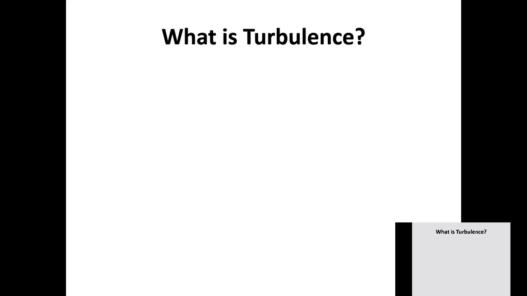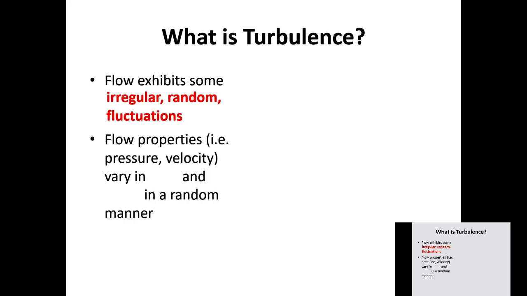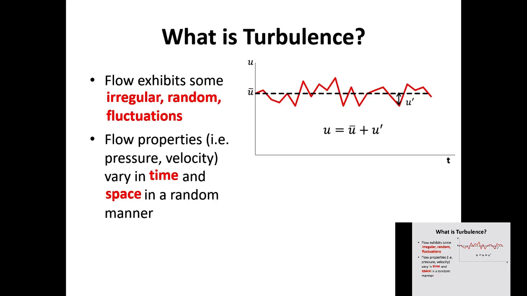Then we will summarize what we just talked about. Turbulent flow is irregular with random fluctuations. We look at the pressure and velocity components, and they vary with time and also in space in a random manner.